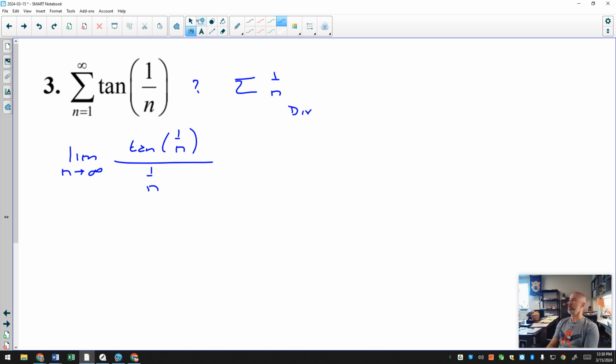As n goes to infinity, 1 over n goes to 0. And what is the tangent of 0? 0. And the bottom is 0, which means L'Hopital.